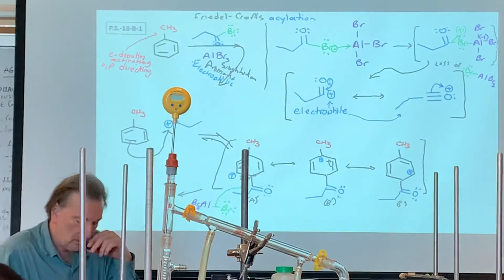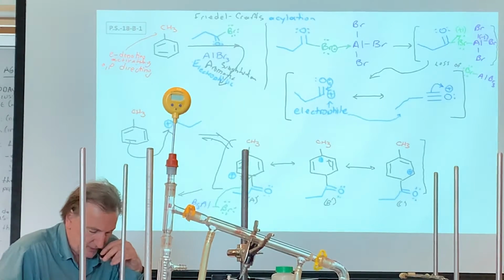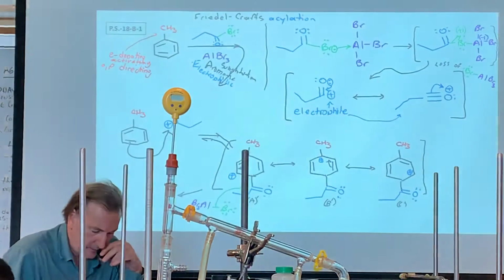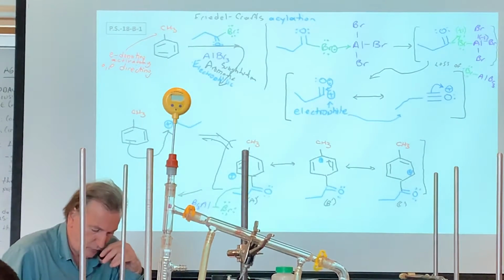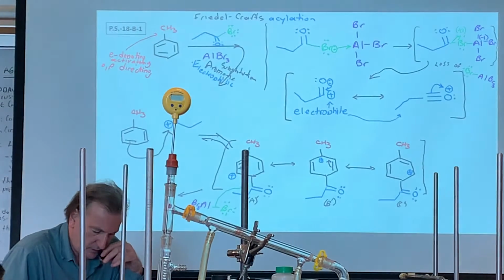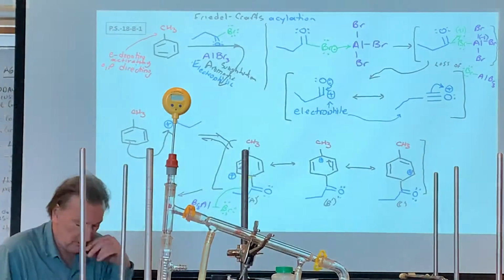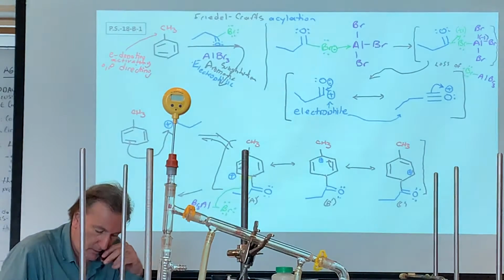Let me just change the color slightly, so that way you don't get confused. Let me use this, because I have black arrows meaning resonance arrows. I didn't do the last one here. Well, the last one here is going backwards, right?